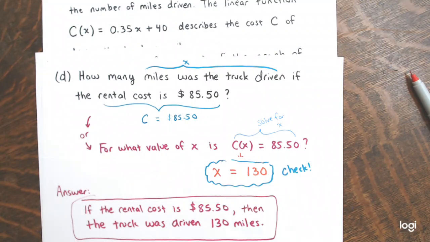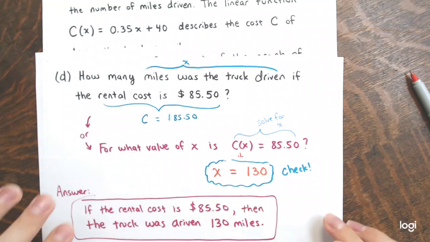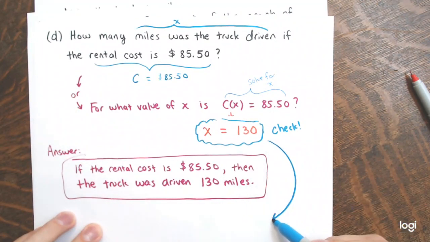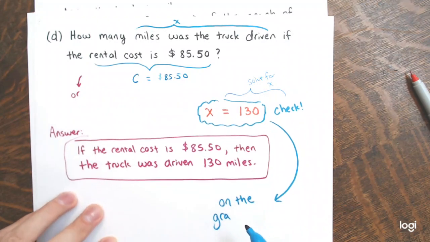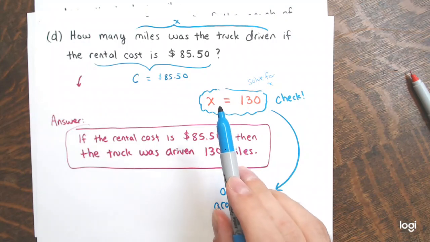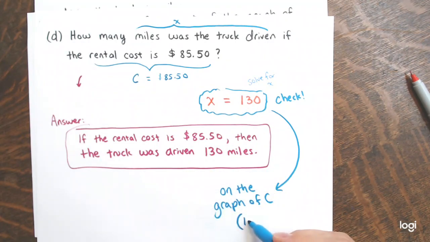Great. All right, so not only that though, I also have another point on the graph if I want, right? On the graph of this cost function, on the graph of C, we'd have the following ordered pair. X is 130, so remember it's X comma C, the input comma output.